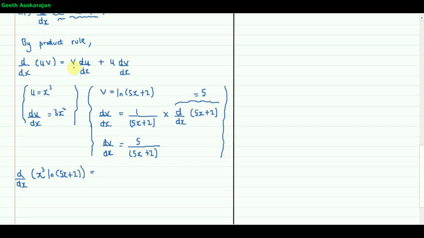That is equal to v is ln 5x plus 2, so ln 5x plus 2, multiplied by du over dx. Du over dx is 3x squared, so multiplied by 3x squared, plus according to the rule, so plus u is x cubed, so x cubed, multiplied by dv over dx, and dv over dx is 5 over 5x plus 2.